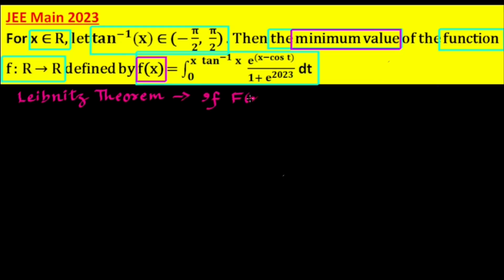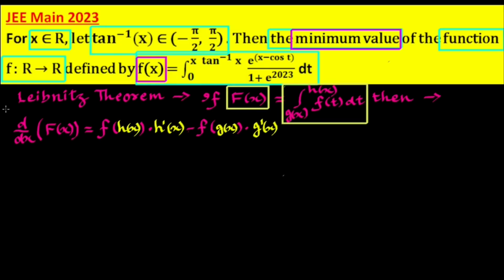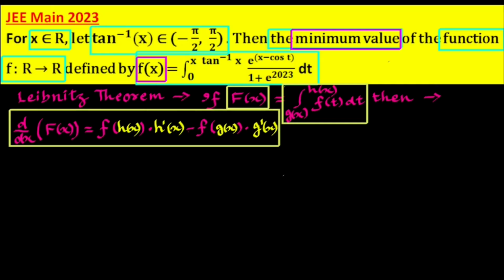If capital F(x) is a definite integral from g(x) to h(x) of f(t) dt, then d by dx of F(x) is f(h(x)) into h dash x minus f(g(x)) into g dash x. Here, a function expressed in terms of a definite integral can be differentiated using this formula.